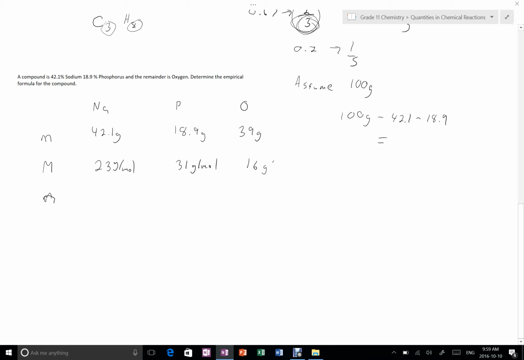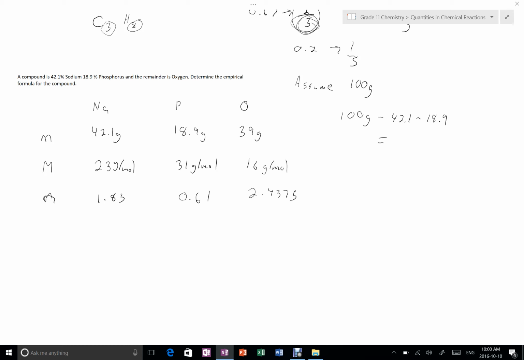And oxygen is 16 grams per mole. 42.1 divided by 23 gets me 1.83. 18.9 divided by 31 gets me 0.6061. And 39 divided by 16 is going to get me 2.4375, whatever. So now that's the actual ratio between the number of particles of phosphorus, oxygen, and sodium.